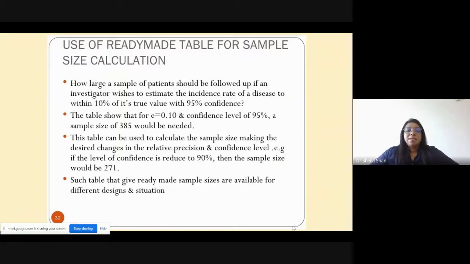How large a sample of patients should be followed up if an investigator wishes to estimate the incident rate of disease to within 10% of its true value with 95% confidence? So you look at the table, you can get the sample size.